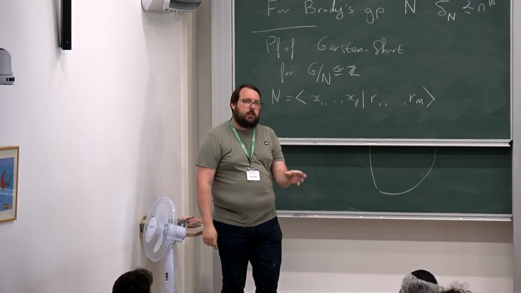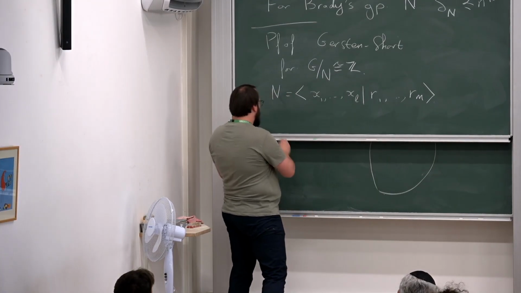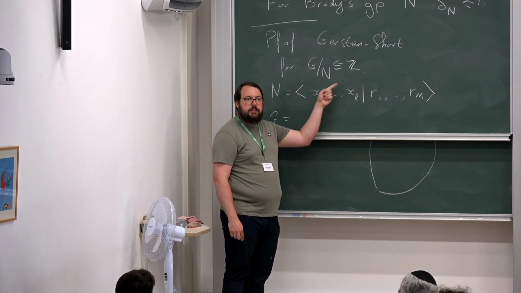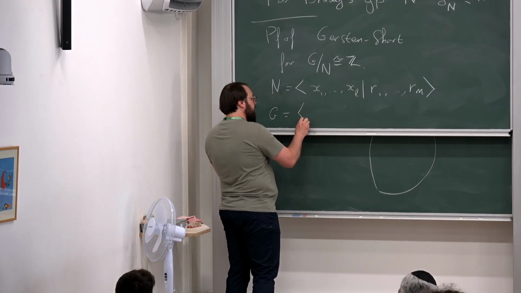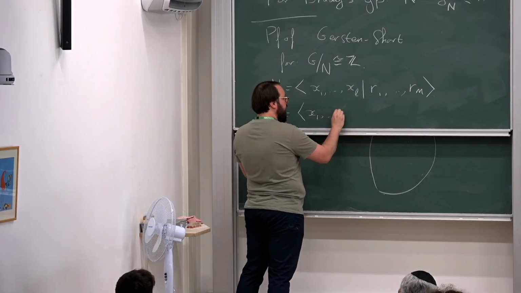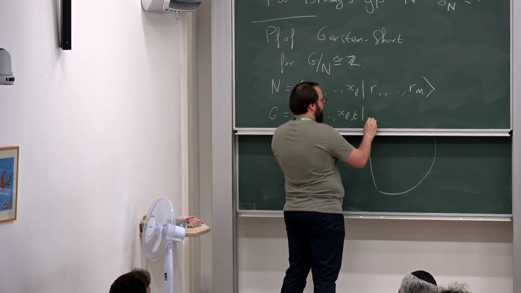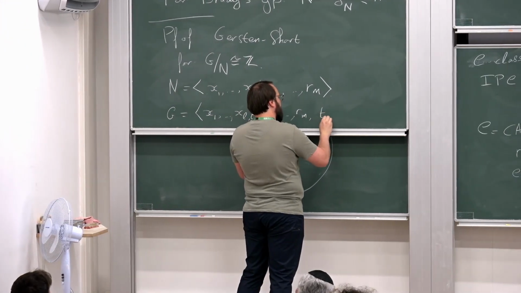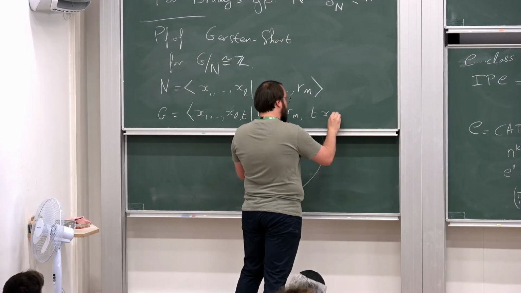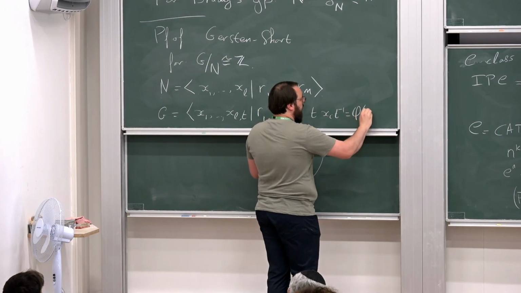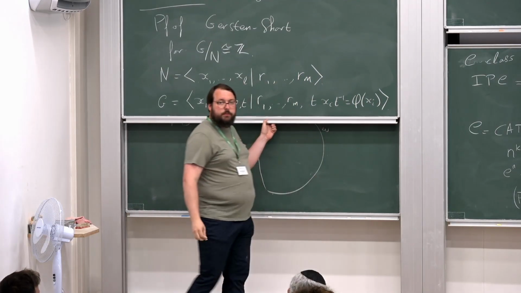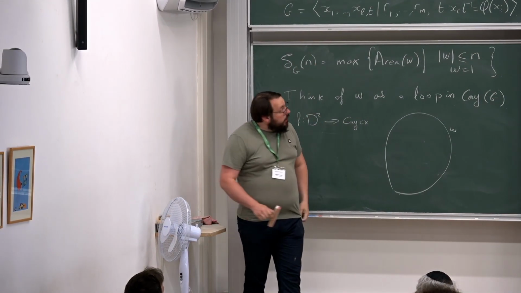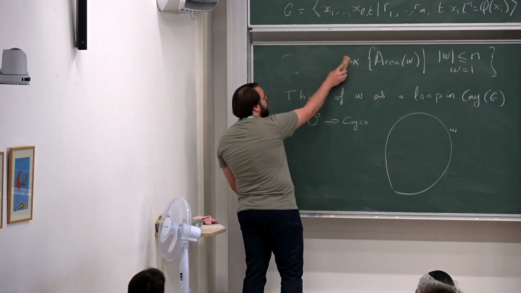And because the quotient is Z, this is a place where things get slightly easier, this gives you a split short exact sequence, and so G is N semi-direct Z. This is what Gersten and Short originally did for the free group. So you can write down a presentation for G: the same generators and relators, plus t, and t xi t inverse is phi of xi. So you write down a presentation for G.